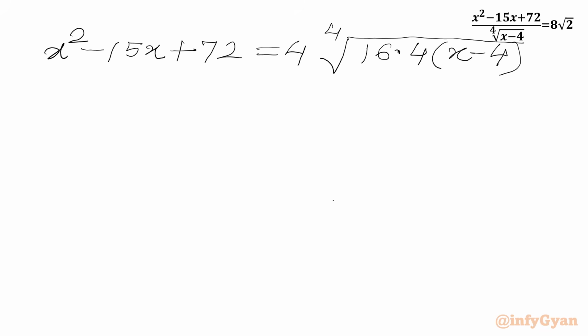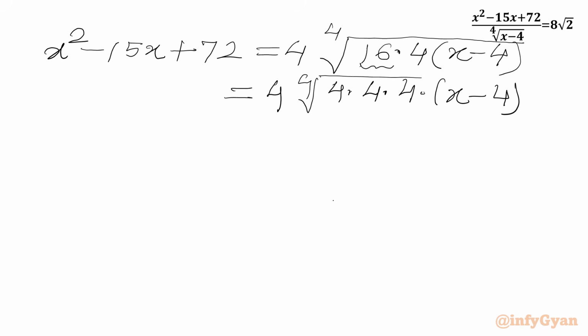Now 16 can be factorized as 4 times 4. So we'll be writing 4 times 4th root of 4 times 4 times 4 times x minus 4. It's recalling geometric mean.